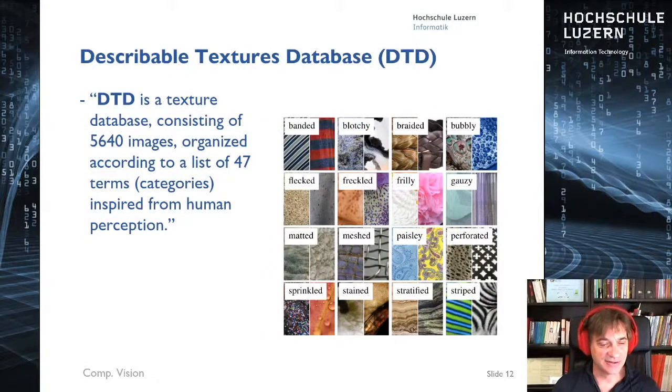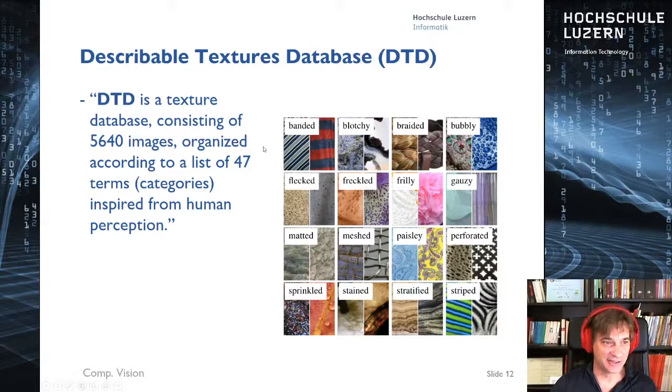There is also another data set that looks at textures more from a human perception point of view, which I find quite interesting. So it's not really the technical texture behind, but something like how would we identify such a texture, or how would we call such a texture.